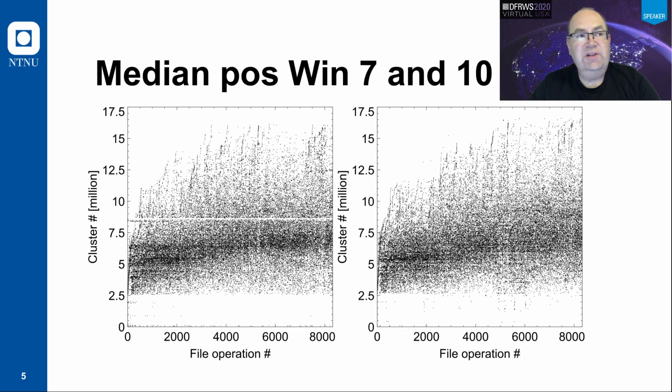After file operation 8330, we had to cut, as I said, and we also had some corruption after that, and then this unallocated area disappeared. But when the experiment ran as it should, we had this appearance.